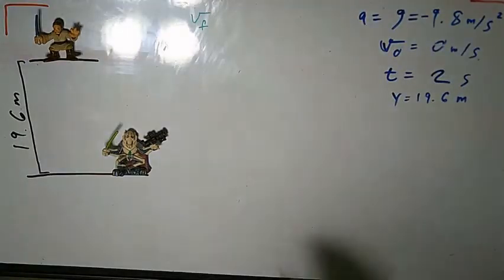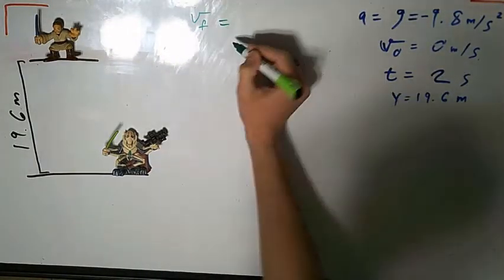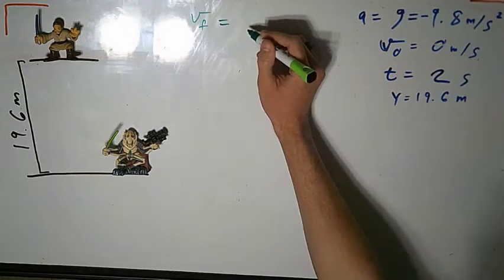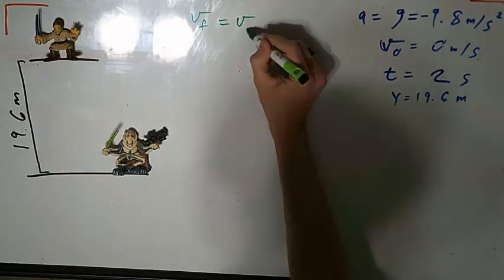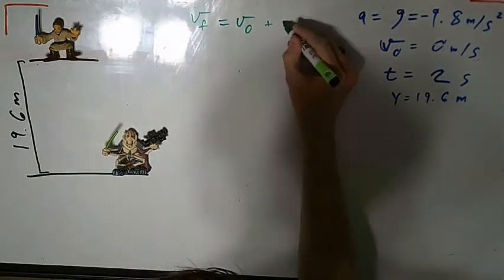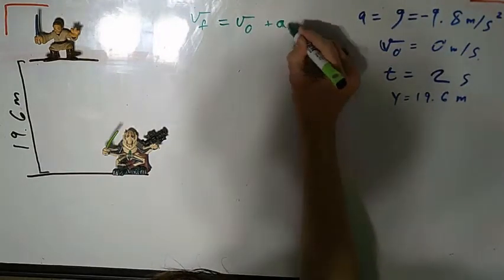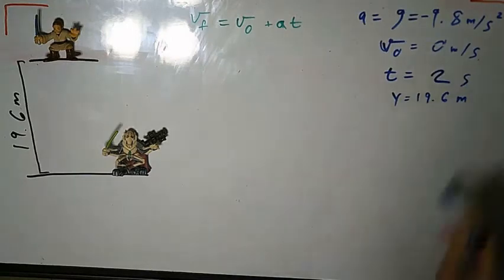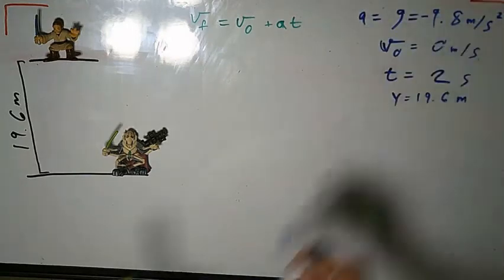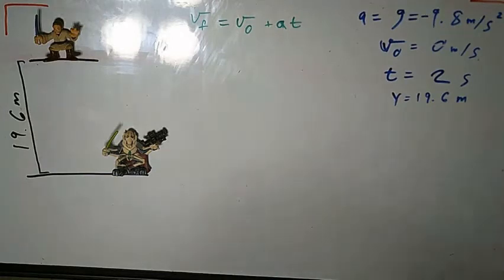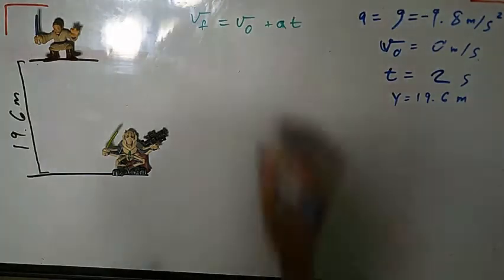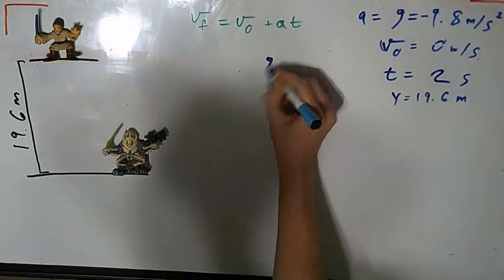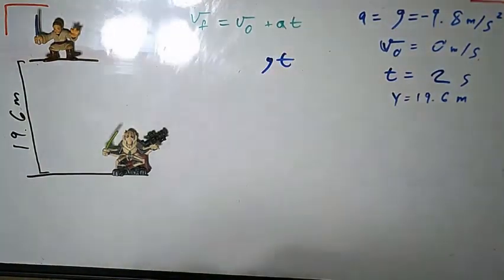Okay, so next up, we're going to look for the final velocity. How fast was he traveling as he hit the ground? Our equation for this is final velocity equals initial velocity plus acceleration times time. Again, our initial velocity is 0, and our acceleration due to gravity is negative 9.8 meters per second squared. So that transforms into gravity times time.